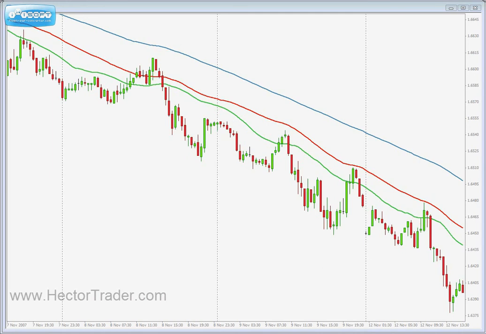The area of decision, in between this area, is where we have to ask ourselves, will price breach through or will price turn around? If it breaches through, then I don't search for entries anymore, just like it did here.